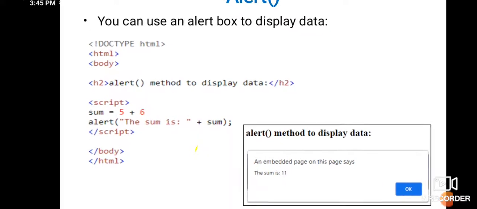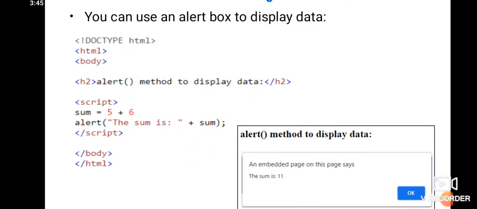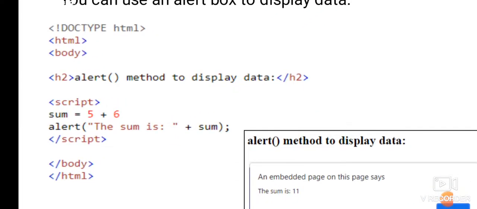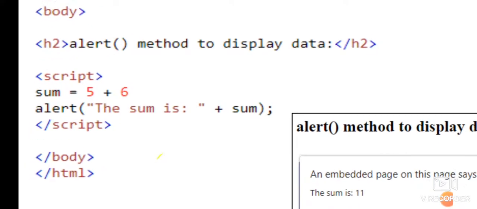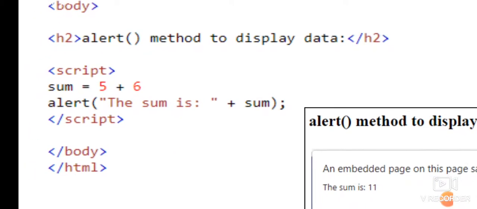We can use the alert box to display the data or output. You can see the example here. By using the H2, I am going to display the heading as alert method to display the data. Within the script, see here sum is equals to 5 plus 6. By using the alert method, I am going to display the output. The sum is, then plus sum, I am going to display the output with the help of the alert.